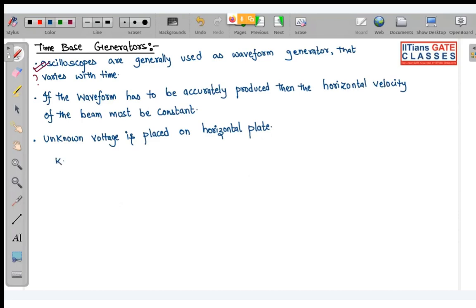Known voltage, or you can say the ramp signal, is placed on vertical plate. Okay, this we already know.